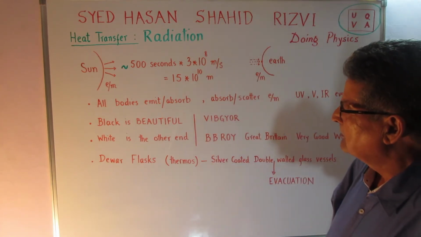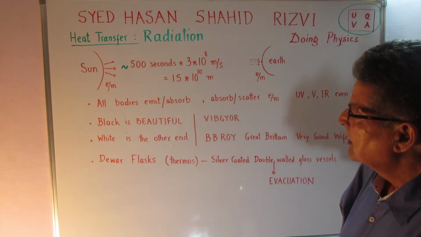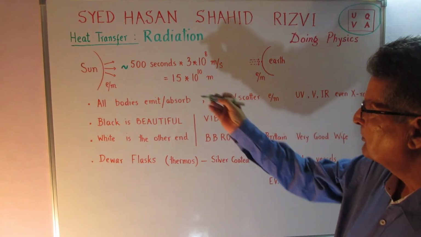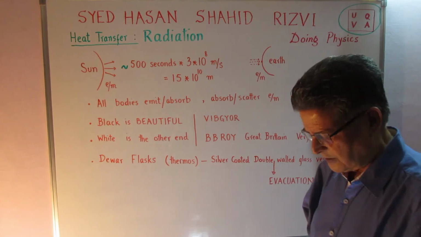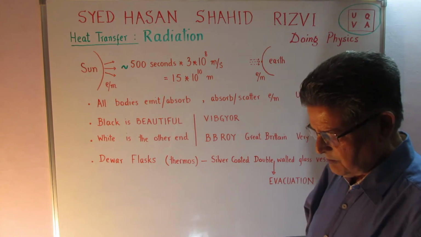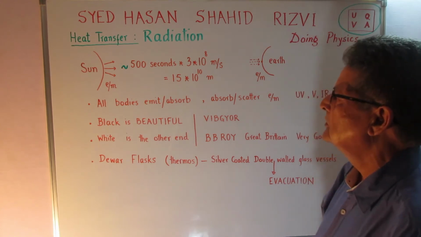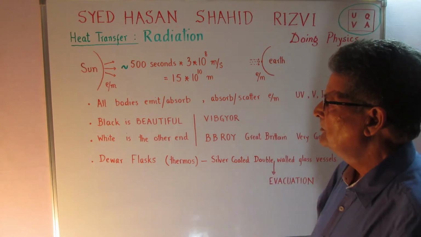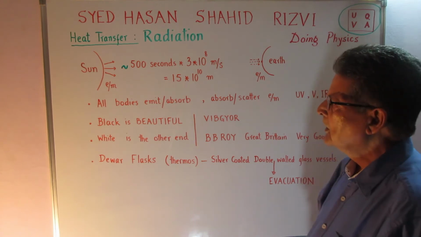Because the Earth's atmosphere goes only a few hundred kilometers where air is there, else between the Sun and the Earth it's all vacuum, something called nothing.